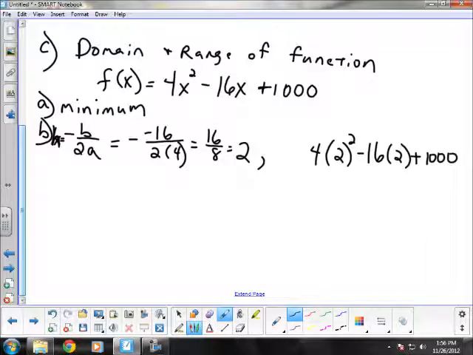So 2 squared, remember to do squares before you multiply. So 2 squared is 4, so I've got 4 times 4, which is 16, minus 16 times 2, which is 32, plus 1,000. So that's a negative 16, and a negative 16 plus 32 would be 984. Yes? Okay, so that's my actual minimum value.